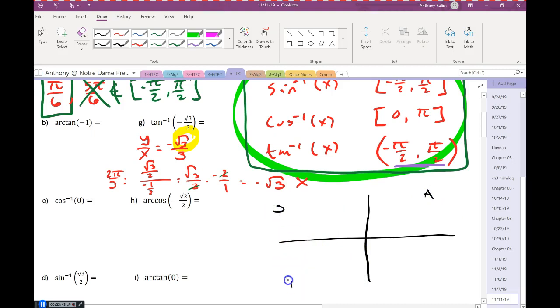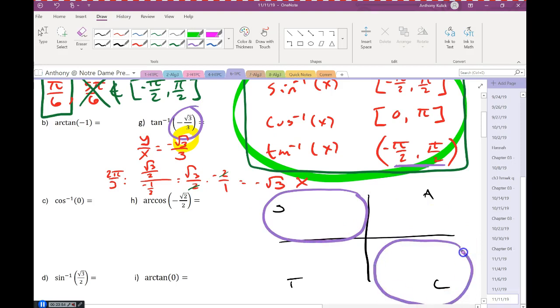If I think about All Silly Turtles Crawl, I know tangent is negative in the second and fourth quadrants. I know that the range for tangent is in quadrants 1 and 4. So the answer that I'm looking for is this one in here.